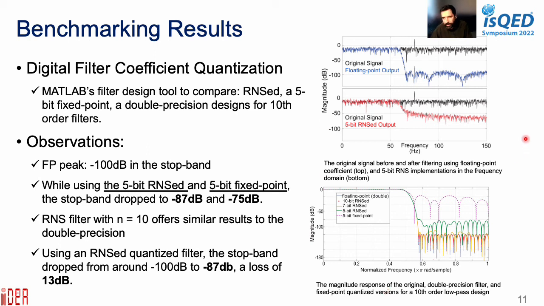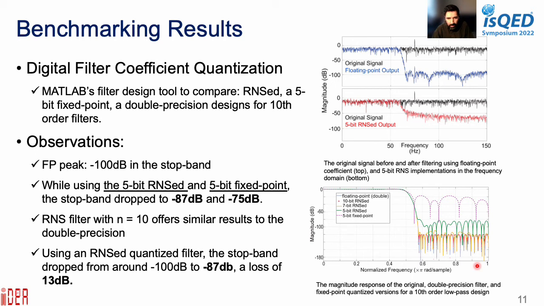The floating point implementation has a peak of minus 100 dB in the stop band, while using the 5-bit RNS, the stop band dropped to minus 87 dB. And it shows an acceptable result, even with n equal 5.